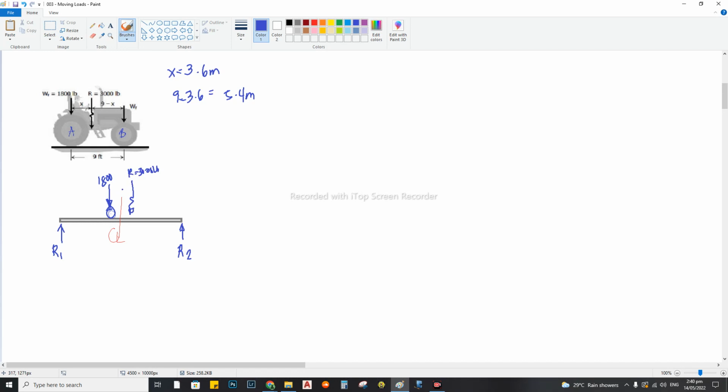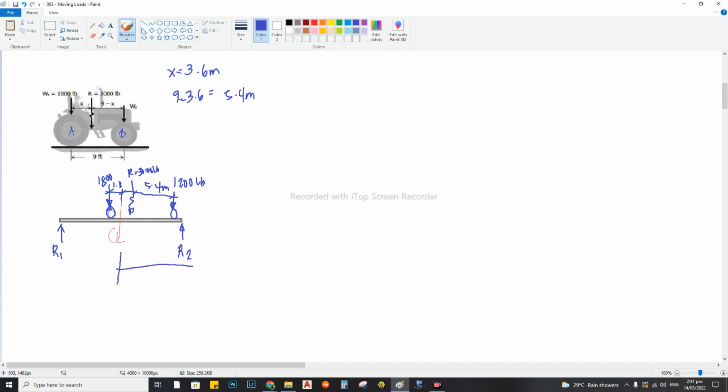So gipatung-an din nato si center line aning duha. So we have 3.6 si resultant from load A, and then gitunga nato that will be 1.8 meters each. Now atong pangitaon si location ni load B. So si load B again, that is 1,200 pounds. So pila ni siya yung distance from R. So this is 5.4 meters man, di ba?